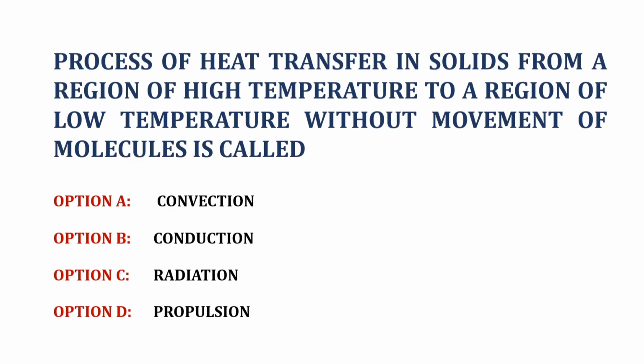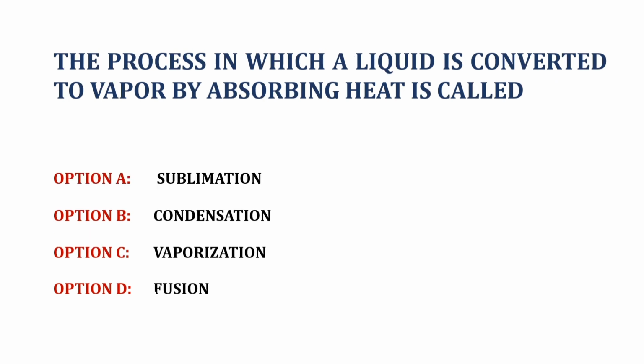Process of heat transfer in solids from a region of higher temperature to the region of lower temperature without movement of molecules is called? Option B, conduction. The process in which a liquid is converted to vapor by absorbing heat is called?